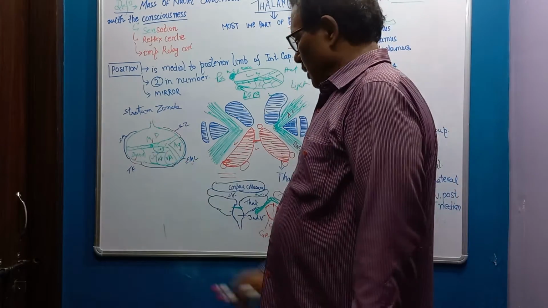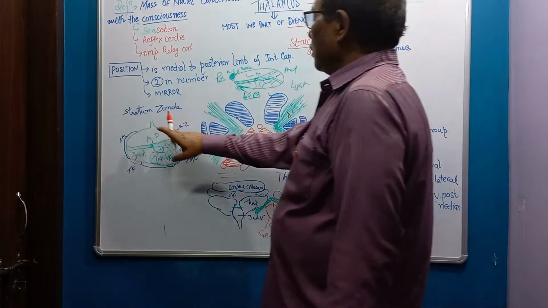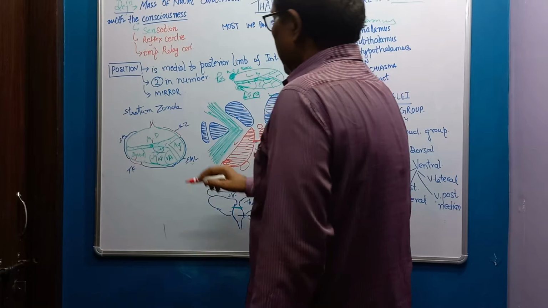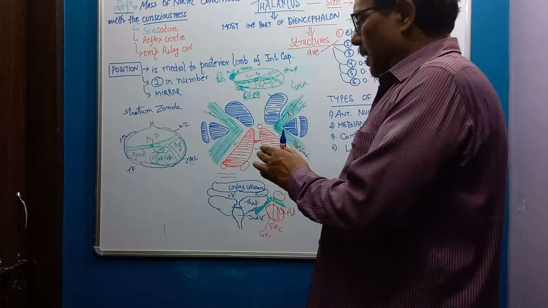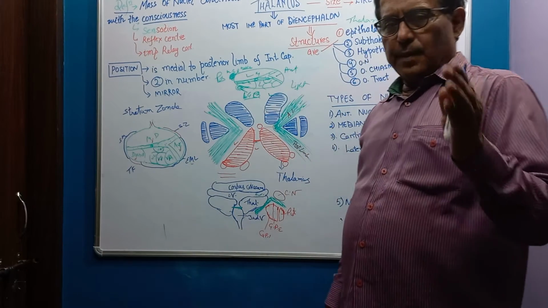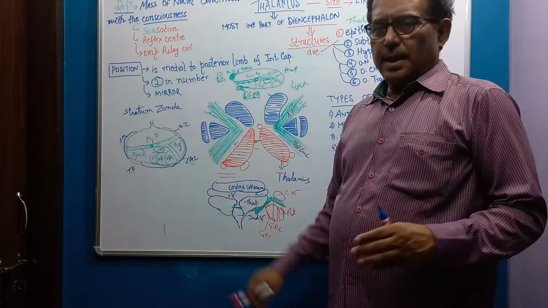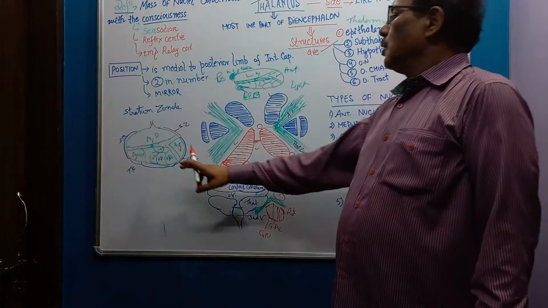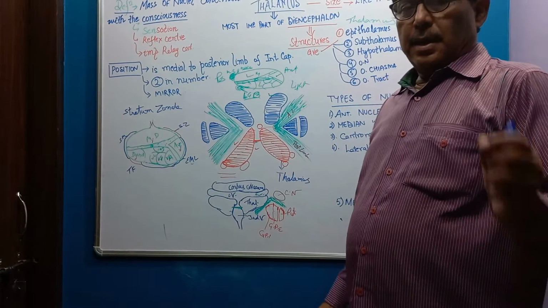This is dorsal, and this is the isthmus. In the internal medullary lamina there are some groups of nuclei, the intralaminar nuclei, of which one is larger, known as the centromedian nucleus.